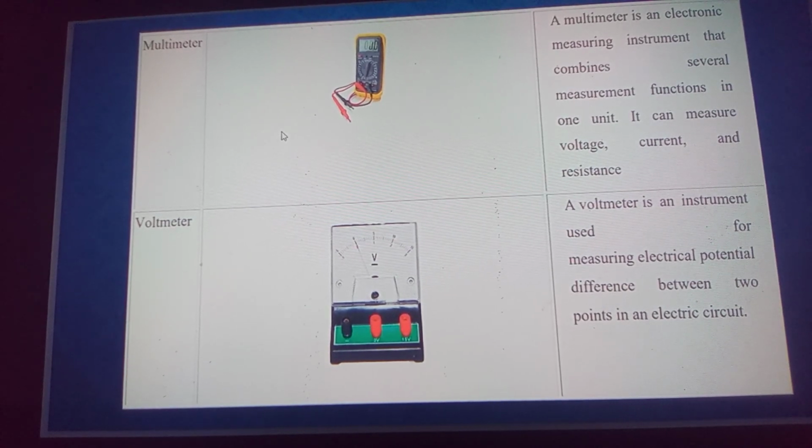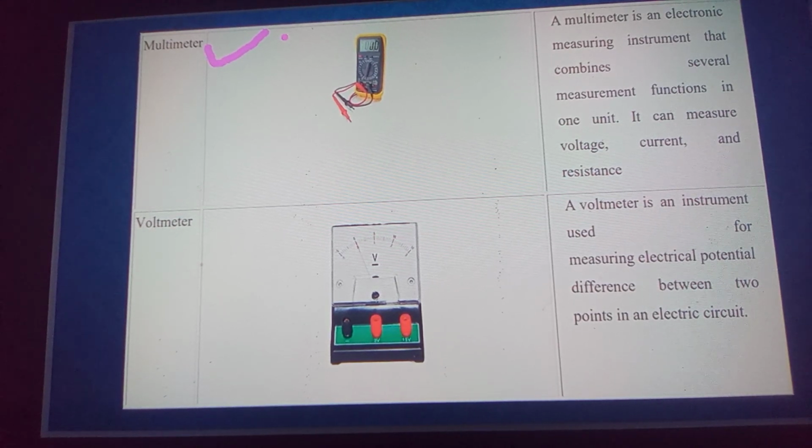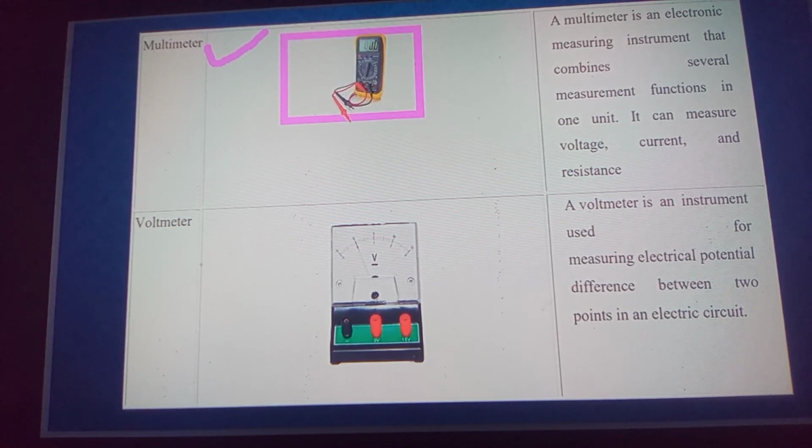Now, multimeter. As the image is appearing in front of you, you can see it clearly. It is an electronic measuring instrument that combines several measurement functions in one unit.